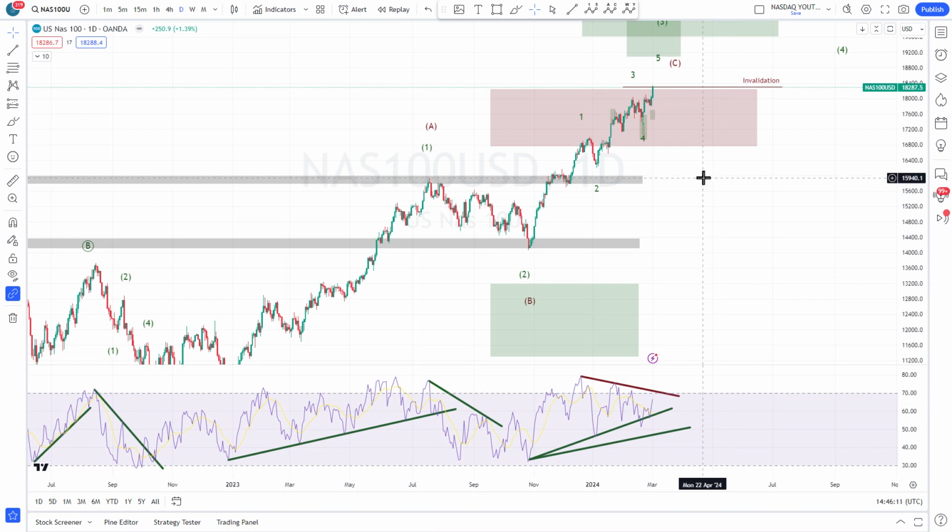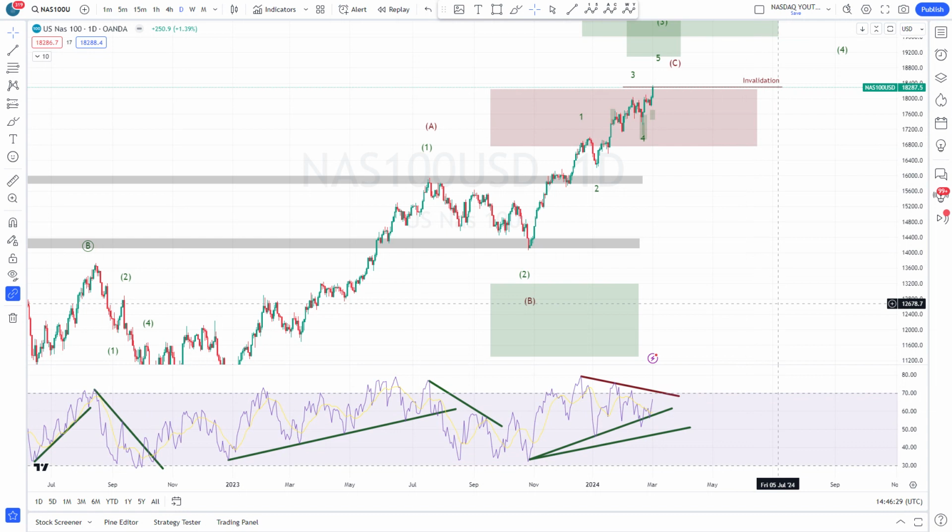And so it would be a bit strange to see the Nasdaq dropping, so an impulse down as a wave C in the higher time frame, while the DAX is continuing its journey upwards as a third wave.